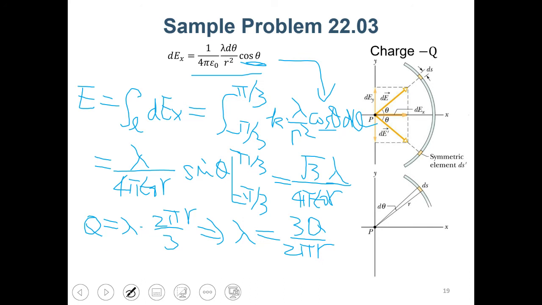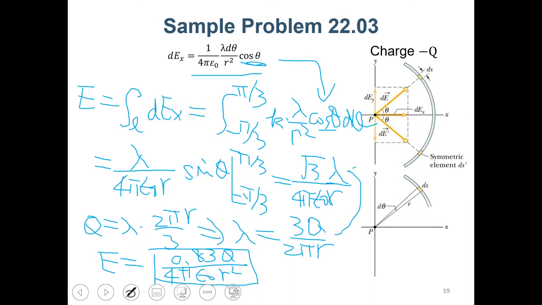So finally, we can write that E is 0.83 Q over 4 pi epsilon 0 r squared. We only need to substitute lambda into here.